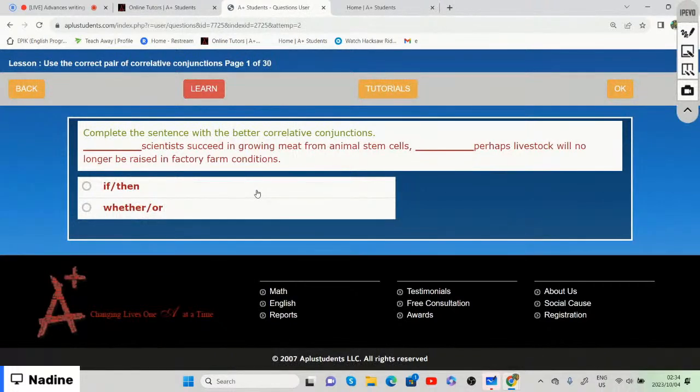So we need to complete the sentence with the better correlative conjunction.